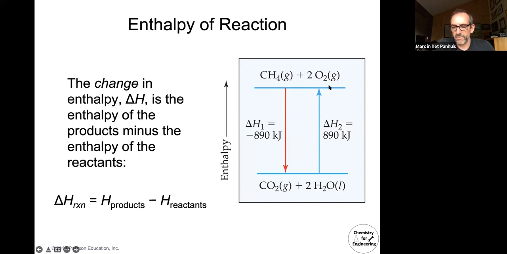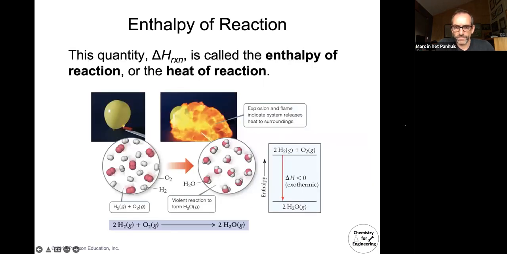So this enthalpy level here and this enthalpy level at the bottom are the final and initial states. That quantity that we just looked at is also referred to as the heat of reaction or enthalpy of reaction.